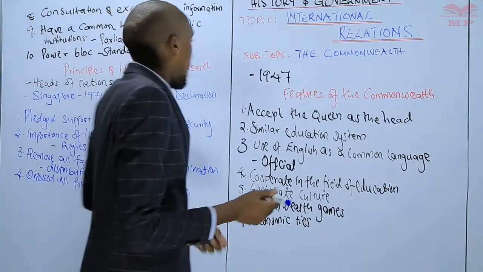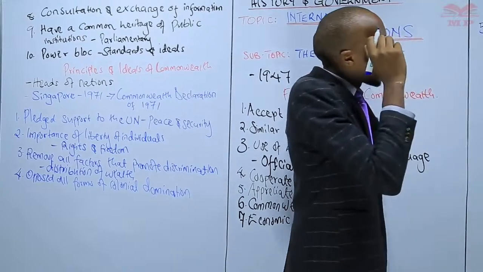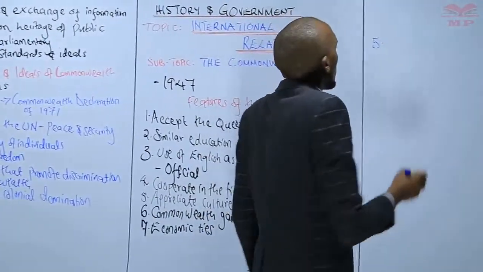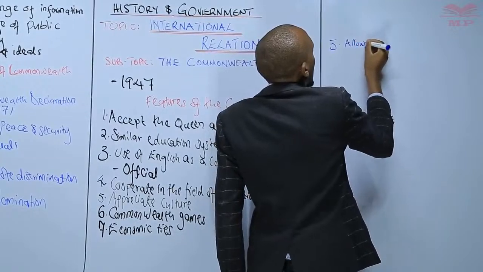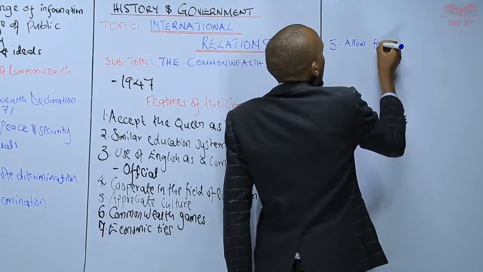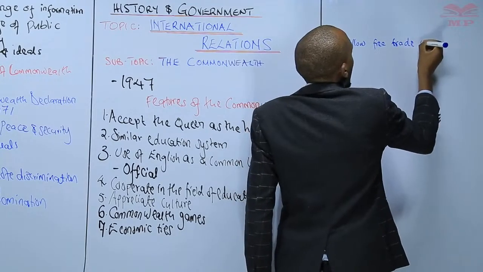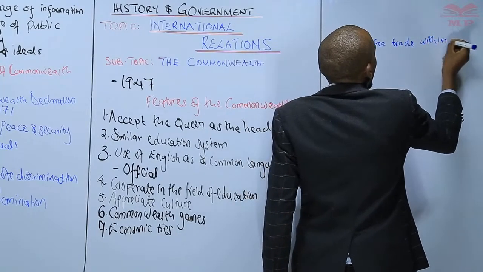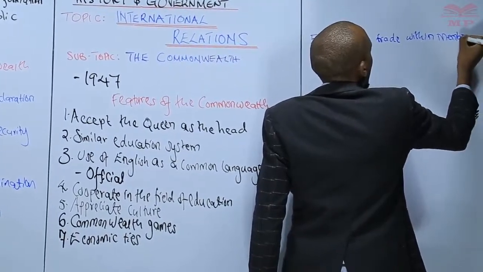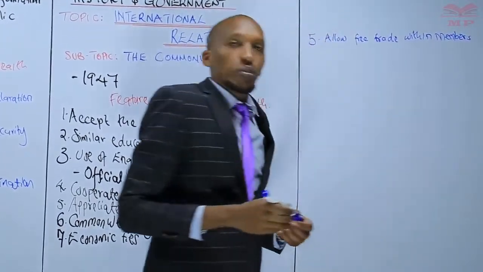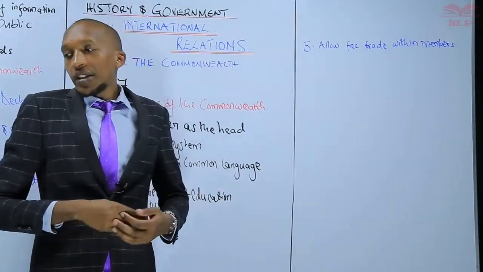And then second last, that is number 5, the second last principle is that they were to allow free trade within members. They were supposed to put in place measures to promote trade amongst the members.